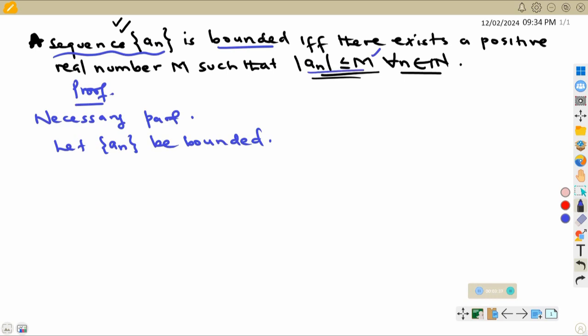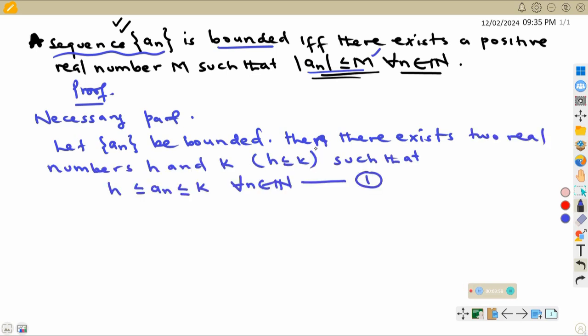So if the sequence is bounded, what happens? If the sequence is bounded, as we have seen, it means that there exist two real numbers, for example, h and k, for which h is less than k, such that the terms of the sequence lie between these two real numbers.